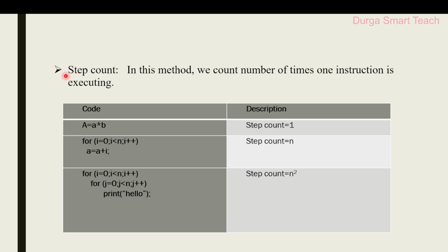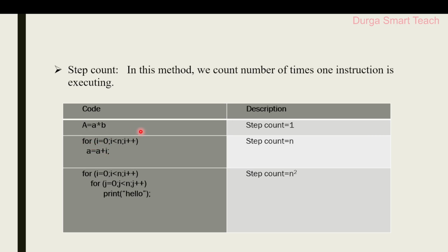Next one is step count. How many number of steps are there? Here, it is how many times one instruction is executed. If we take the same example I took, A is equal to A into B, it will take only one instruction. So the step count is 1.